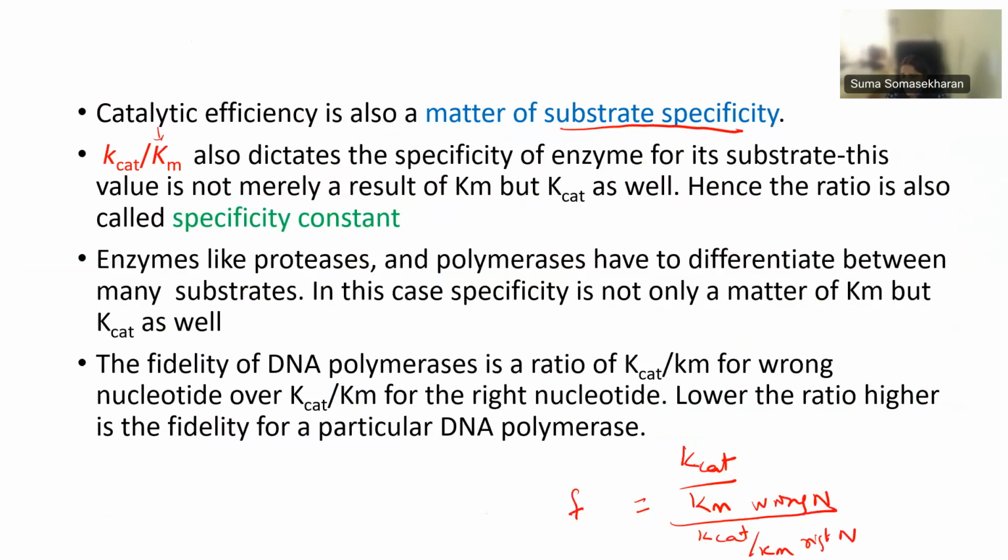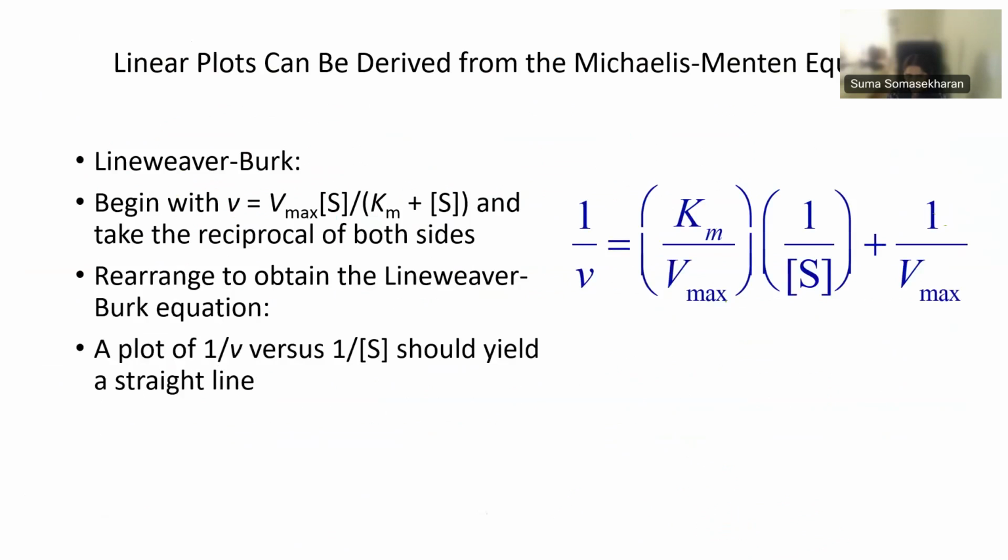When the value is 1, there's a 50% chance that it'll add the wrong nucleotide. But as the value becomes smaller and smaller, that enzyme has higher and higher fidelity. So Kcat over Km is not simply a matter of catalytic perfection, but also can define specificity for the substrate.